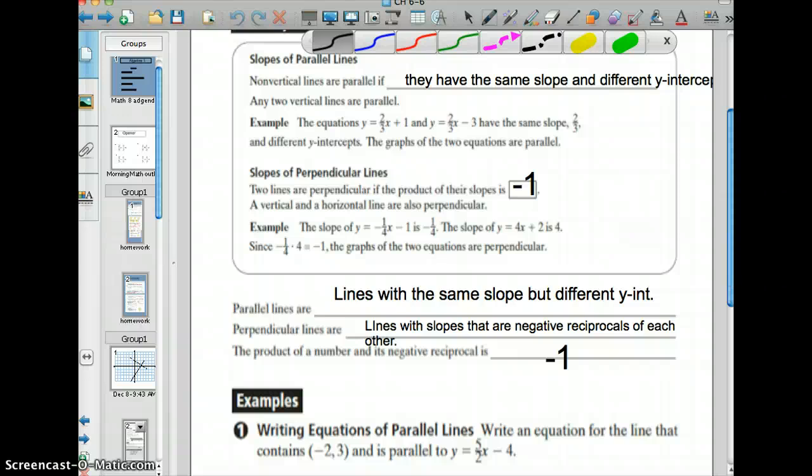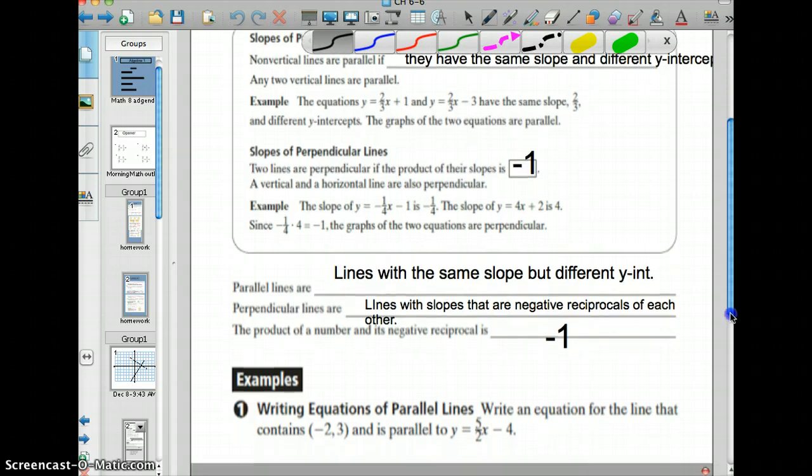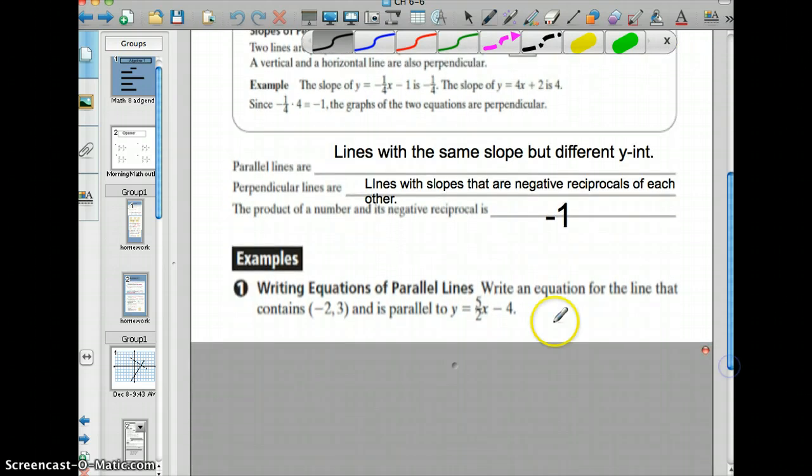So we've got two examples here on how to write equations of parallel and perpendicular lines. We're given some information here. We want to write an equation for a line that goes through this point right here and is parallel to this equation here. Well, the only thing we need this equation for is its slope, and we can throw it out.